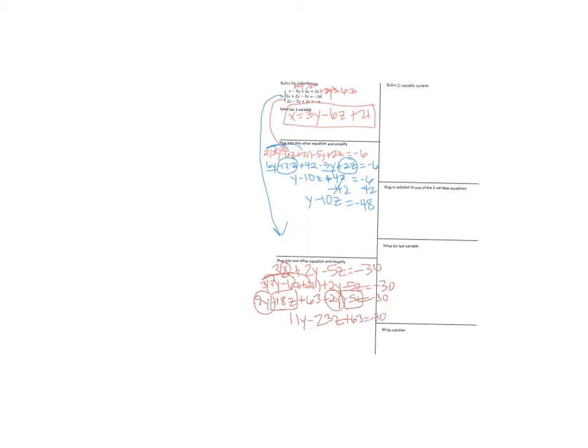But just like we did earlier, let's get the constants all together on the other side. So I'm going to subtract 63. And so my final two-variable equation would be 11y minus 23z equals negative 93.